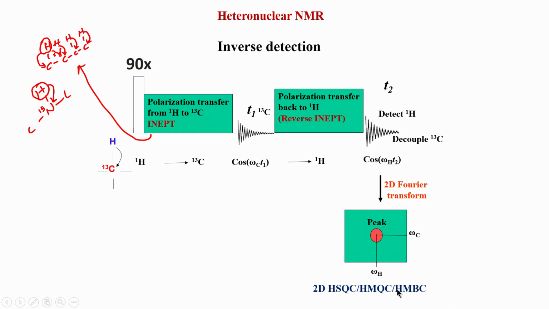HMBC is a very standard experiment which organic chemists use, because that gives them very long range information, relating a proton to a longer range carbon transfer. But in a biomolecule like protein NMR, we do not look at HMBC so much. The main experiment which we do is either HSQC or HMQC.